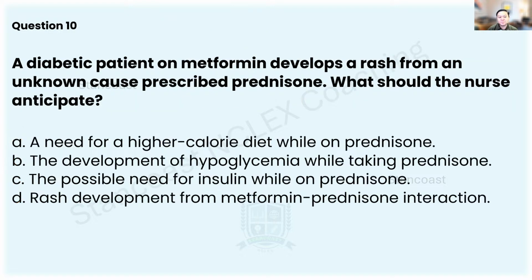Number 10, a diabetic patient on metformin develops a rash from an unknown cause and is prescribed prednisone. What should the nurse anticipate?